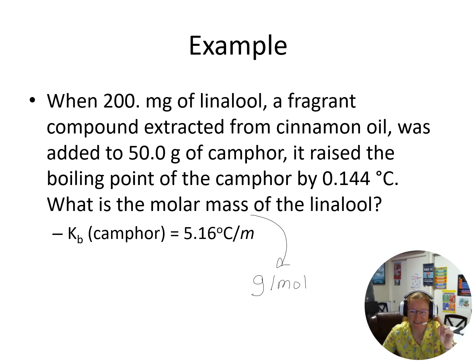So if you know the delta T and you know the constant, you can solve for the missing molality. If you have molality and you have the amount of solvent, you can figure out the moles of the solute. And if you have the grams of the solute and you have the moles, you can put grams over moles and figure out the molar mass.